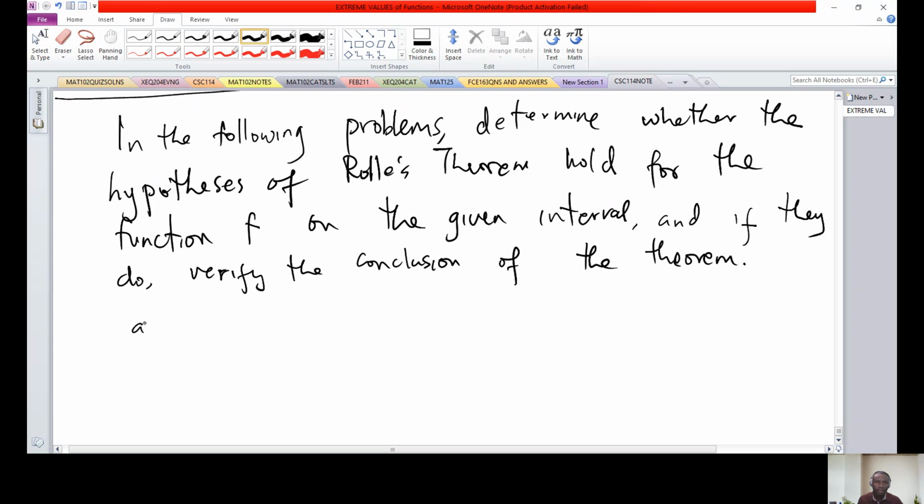So the first, we have f of x given by x squared minus 2x minus 3 on this closed interval -1 to 3.